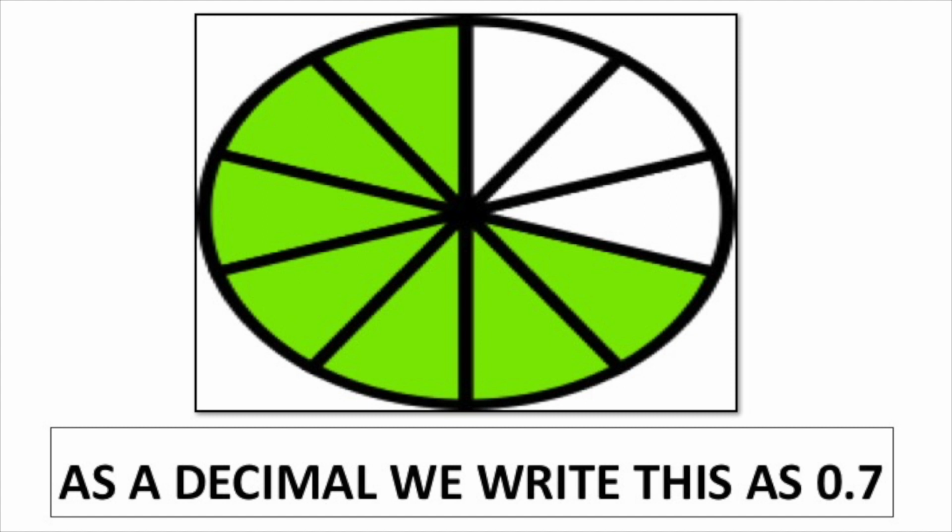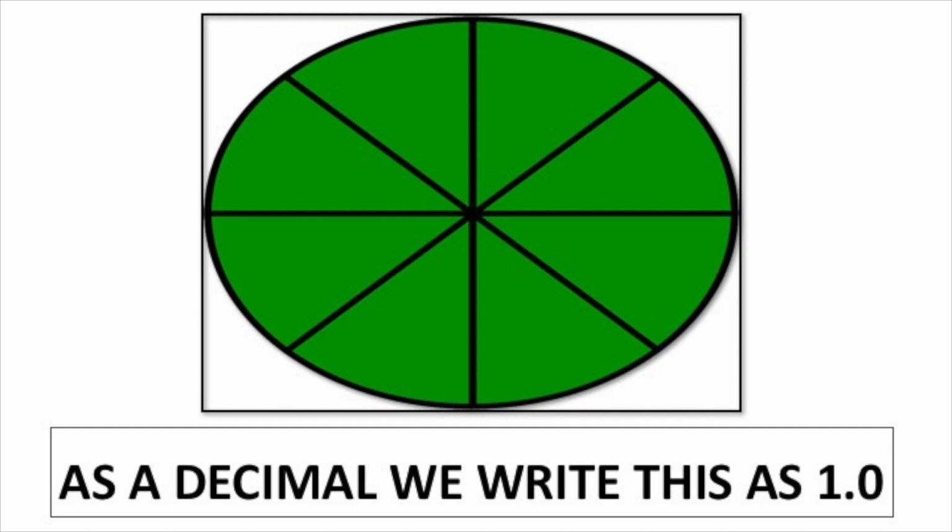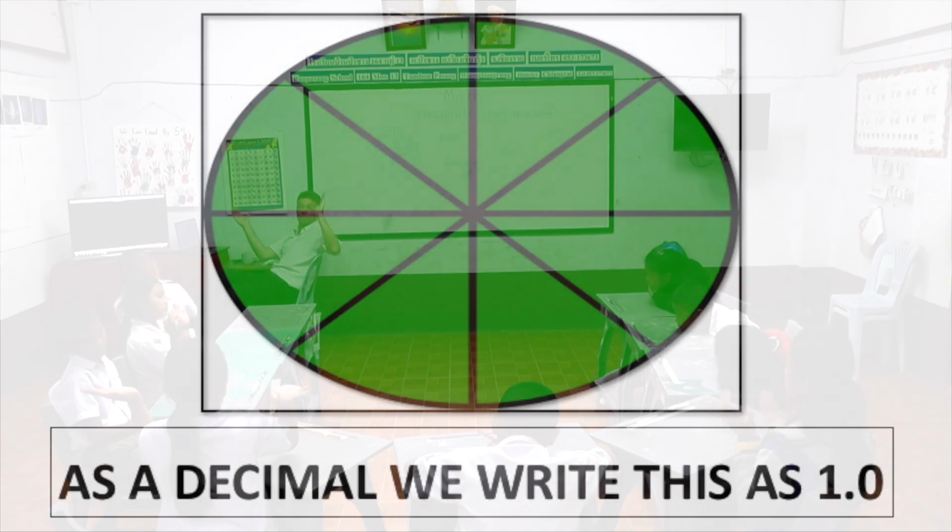Notice it's always the 0 first until the shape is full of colour. But then, once the shape is full, 1.0. When we have a full circle of colour or any shape, the 1 comes before the decimal point. 1.0. Any questions, guys? Okay, that was excellent. Very well done.